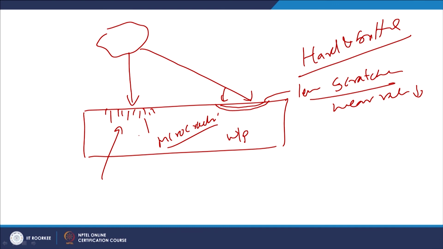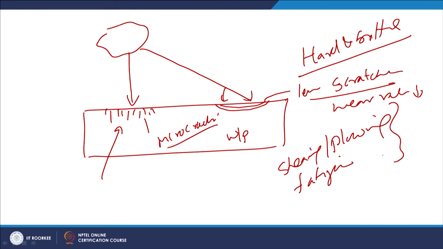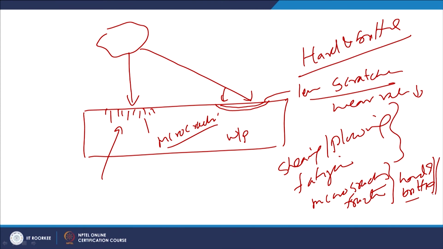So, it is about shearing, ploughing, and fatigue in the case of soft and ductile material, while micro cracks and micro fractures are responsible for hard and brittle materials, which cause more wear of the material.